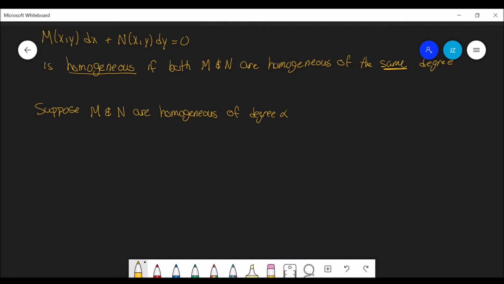Then we can write the following. M of x, y is equal to x to the alpha times M of 1 comma u, and N of x, y is equal to x to the alpha times N of 1 comma u, where u is equal to y over x.